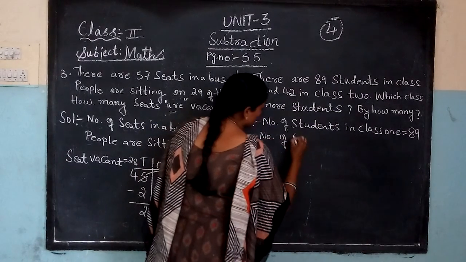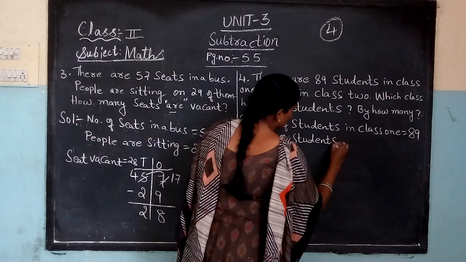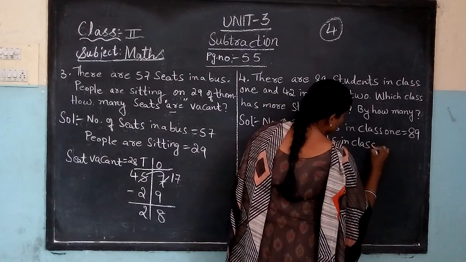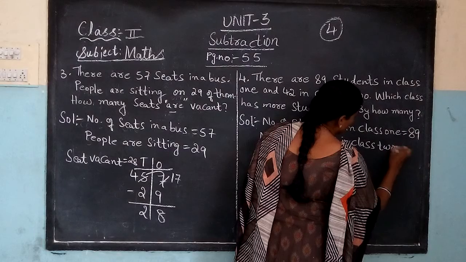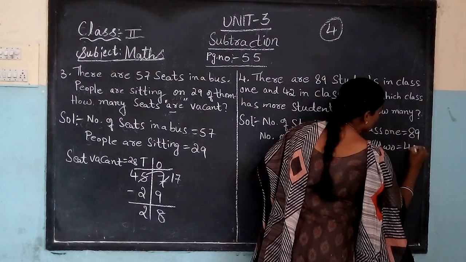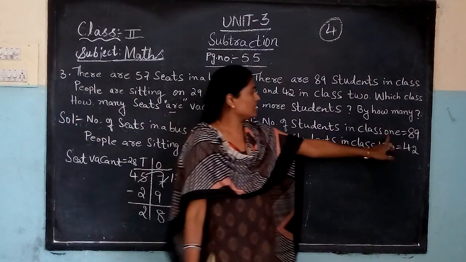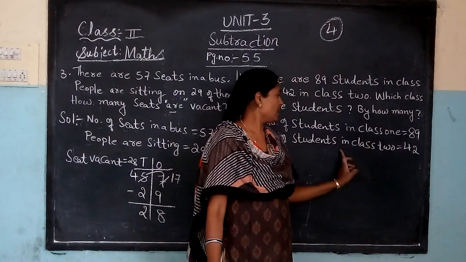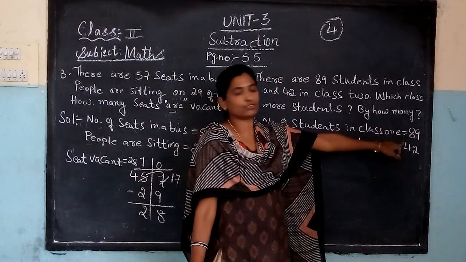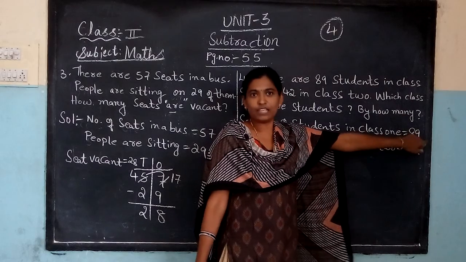Number of students in class 2, how many? 42. Yes. Which class has more students? Among class 1, 89 are there and class 2, 42 are there. Which class has more students? It is 89. That is, in class 1, 89 students are there.